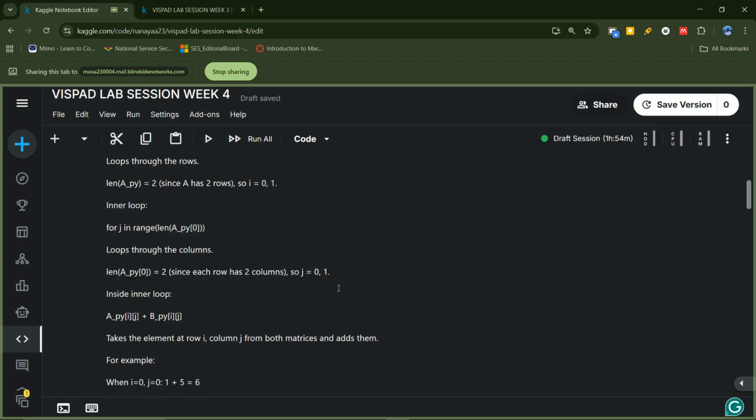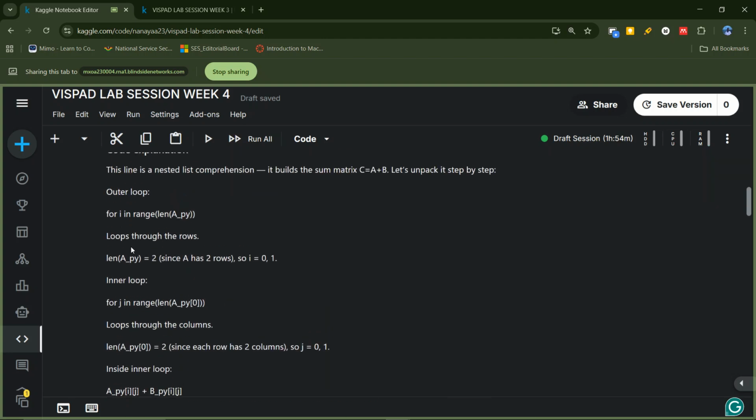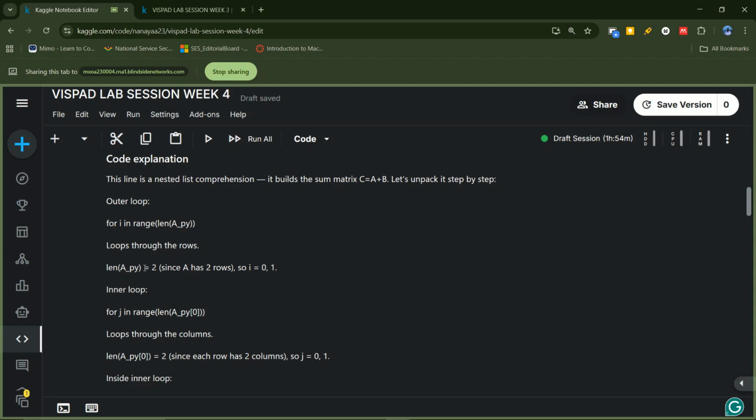So over here, len of A underscore py is equal to 2 since A has two rows. So range of len of A underscore py is the same as range of 2, because len of A underscore py is 2.